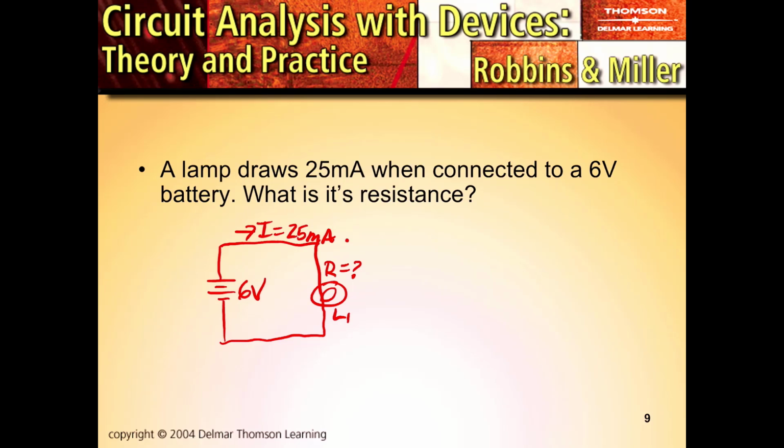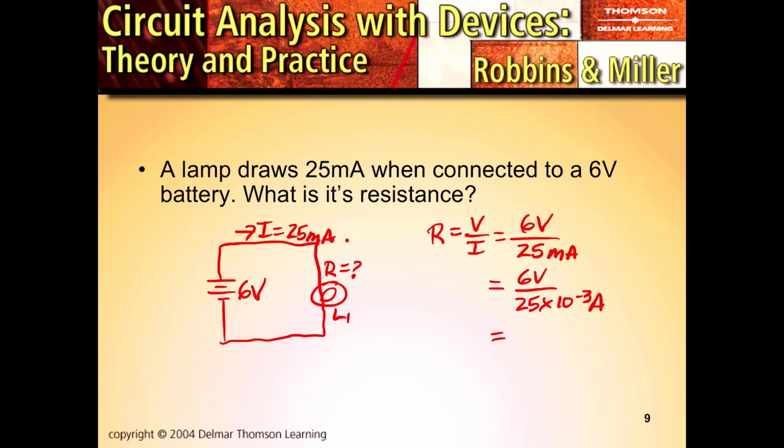So now we'll use the relationship of prefixes. We know that R equals V over I. We have V equal to 6 volts. We have I equal to 25 milliamps. We know that that's equal to 6 volts over 25 times 10 to the minus 3 amps.